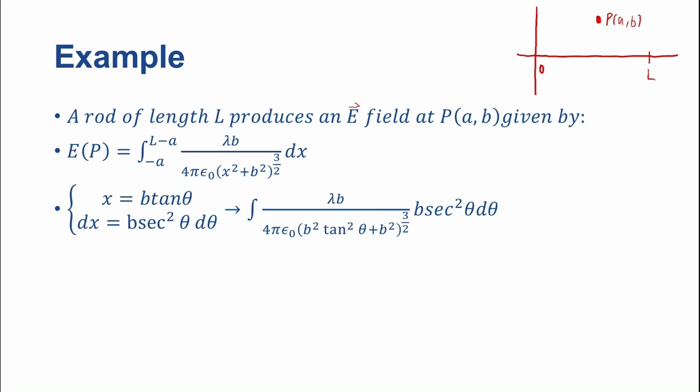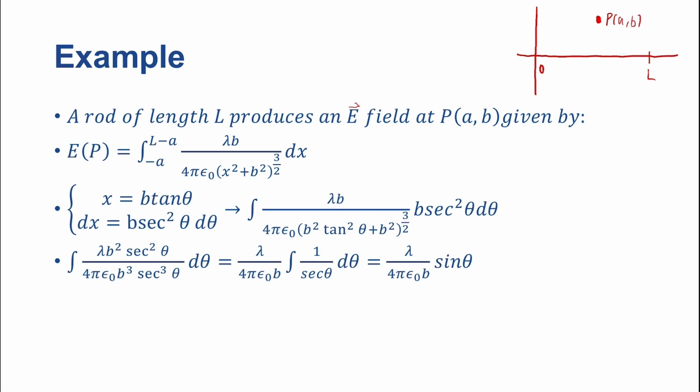Now we're going to do a lot of simplification here. So we get the integral of lambda b squared secant squared theta over 4 pi epsilon naught b cubed secant cubed theta d theta. And now we can do a lot of simplification. So all of this is a constant.